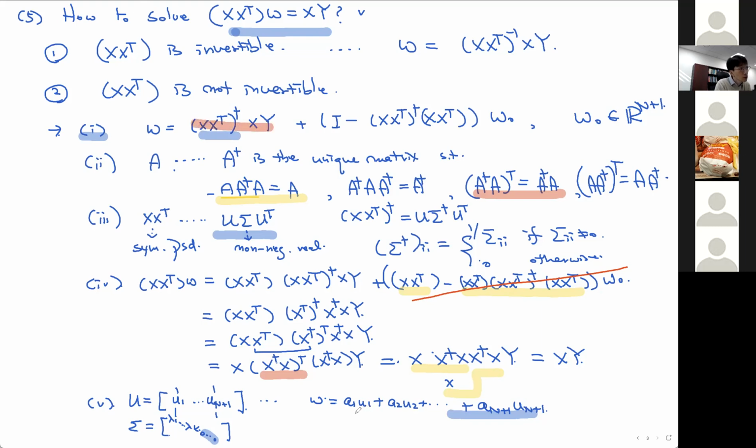talks about what the values of A1 up to AK should be, for eigenvectors whose eigenvalues are non-zero. The second part tells us what the values of AK plus 1 up to A n plus 1 should be.